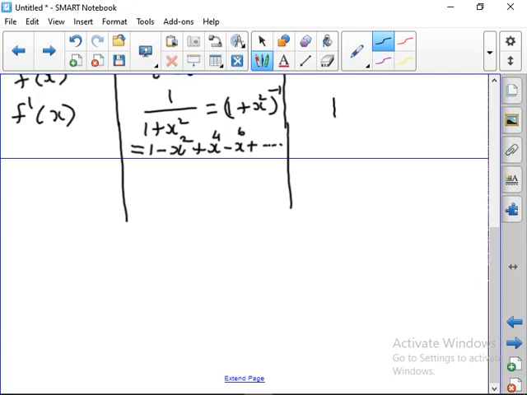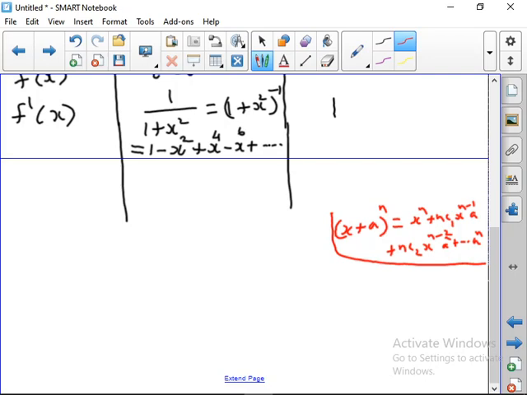What is binomial theorem? x plus a the whole power n is equal to, do you remember? x plus a the whole power n is equal to nC0 x power n plus nC1 x power n minus 1 a plus nC2 x power n minus 2 a square, and it goes on up to a power n. You have studied in plus 1. So this binomial theorem expansion is used here.